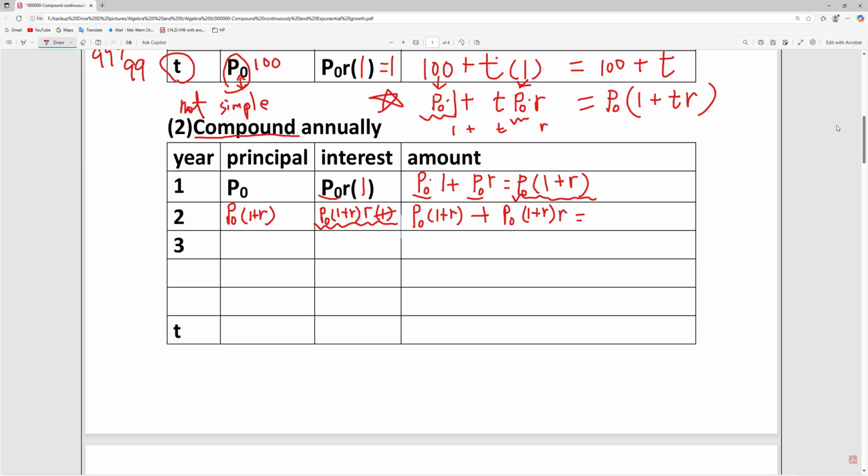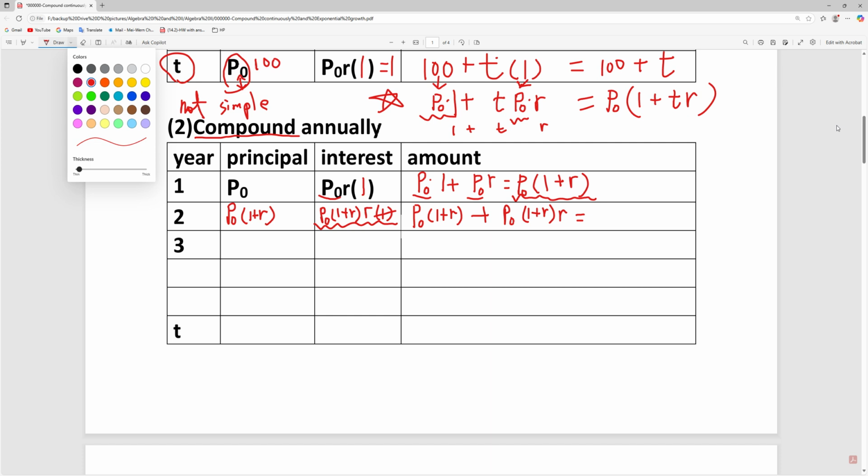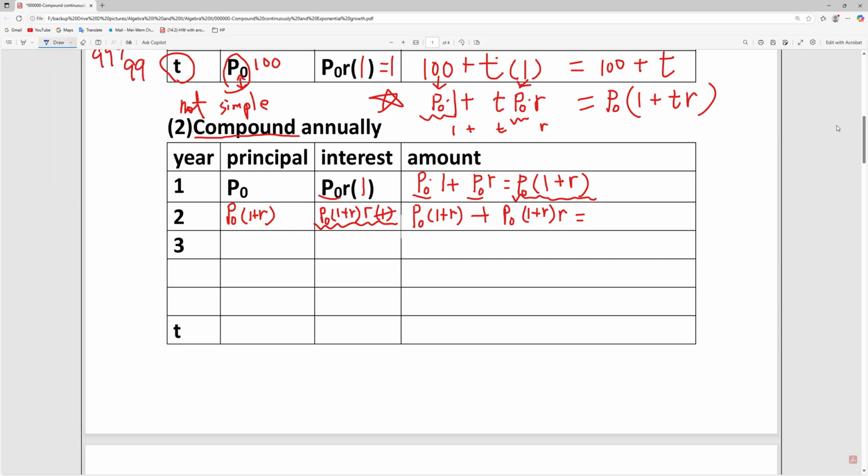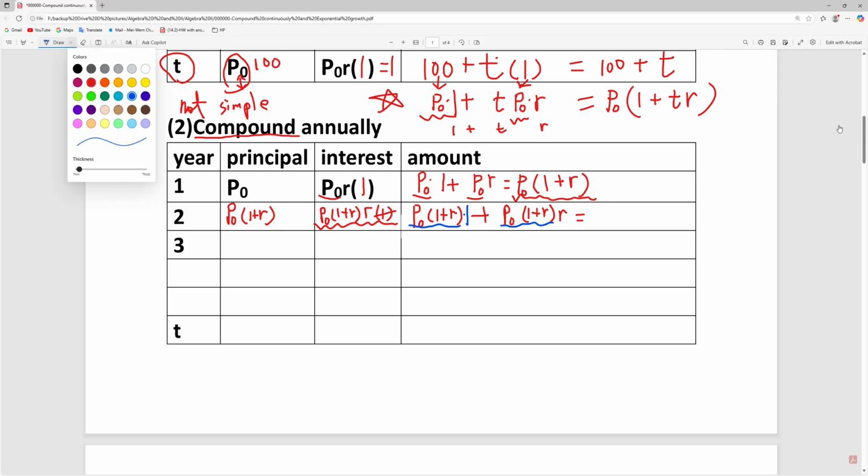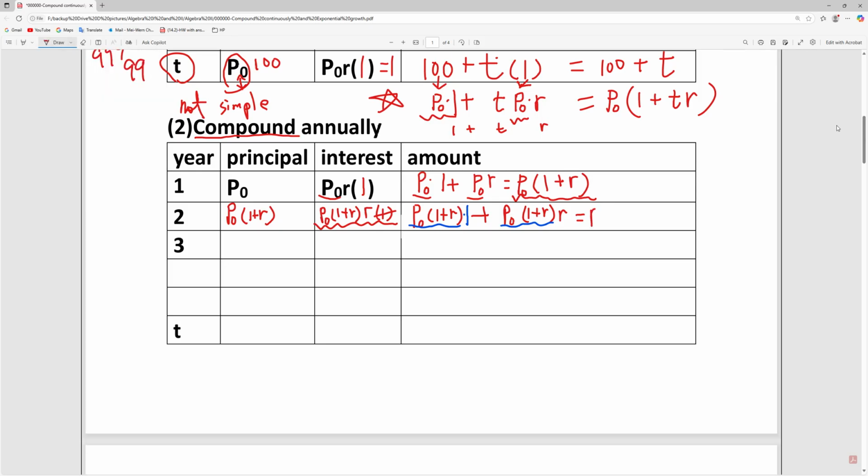Okay, now pay attention here. I'm going to show you the algebra calculating skill. You can see there's a common factor, and the whole thing is multiplied with 1. So when we pull out the common factor, we have P0 (1 plus R), and what's the leftover?